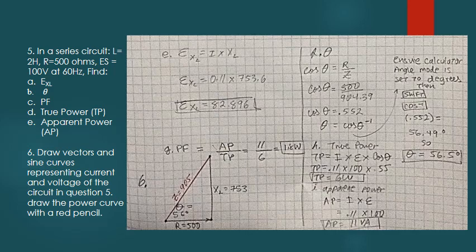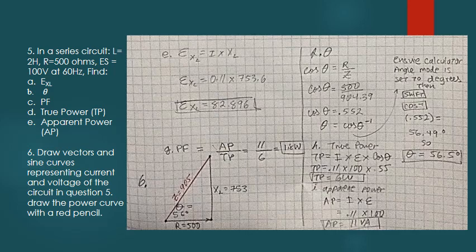Use your shift key, and then use your cosine negative-one-power key and punch in 0.552, which should give you 56.49 degrees if your setting is correct.